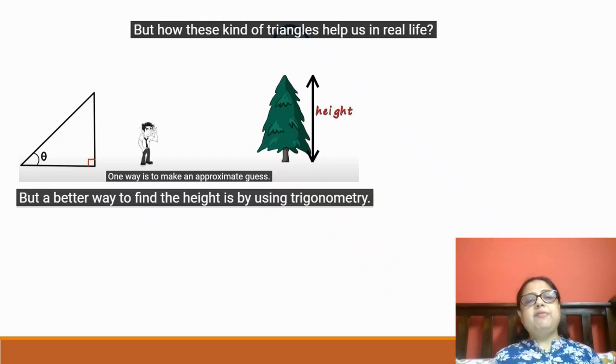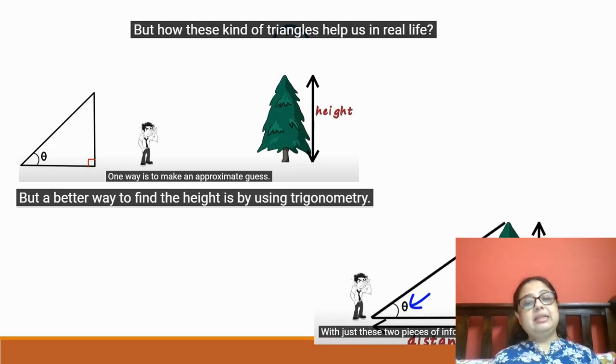If he is 5 feet, he can say that the tree is 6 feet taller than him, that means 11 feet high. But if he wants to give the exact height of the tree, what should he do? He should use the trigonometrical formula. But for finding the height of the tree, what should he know? The value of theta and the distance between him and the tree.